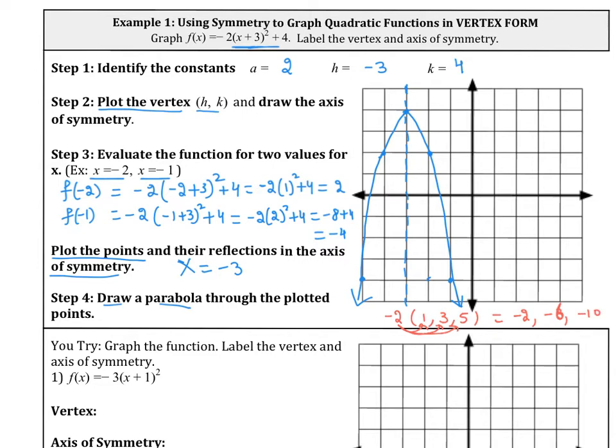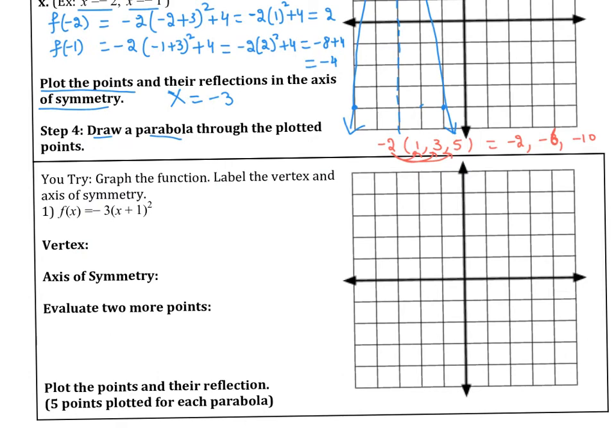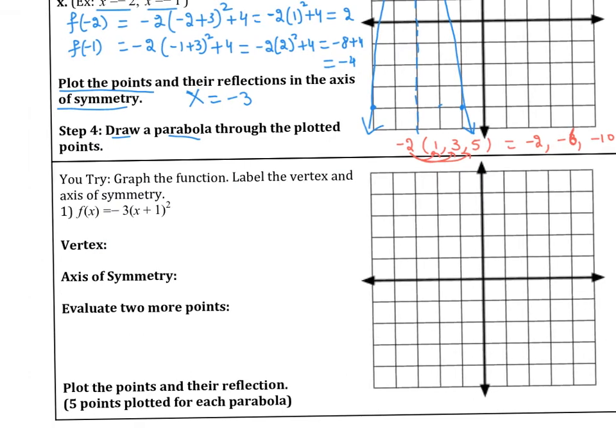From the starting point you go down 2 over 1, and then from this you go down 6, so 1, 2, 3, 4, 5, 6 over 1. That's the pattern, because normally we have 1, 3, 5 for the parent graph. We multiply it by a, and you get the new pattern for this vertical stretch or vertical shrink graph. Now pause the video and try the U-try problem.